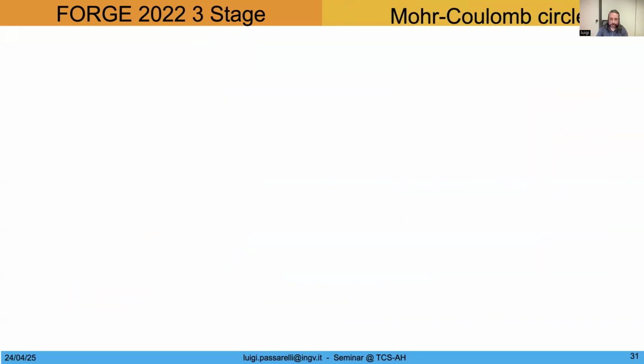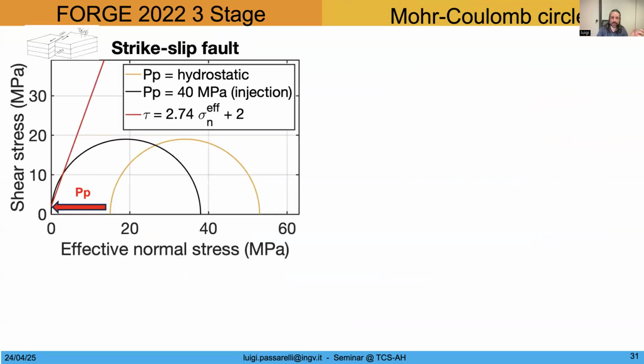While we worked a little bit on the Coulomb Mohr circle for the normal faulting and the strike slip, because we also have to take into account that the seismicity occurred on already existing fault. So basically, we calculate the Mohr-Coulomb circle for an intact rock given the stress field, which is the orange.